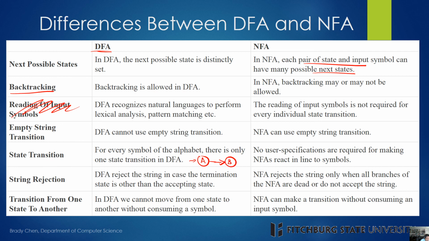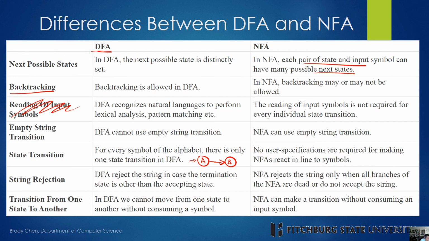You're going to move to B, or for a different symbol you're going to move to a different state. Now, for an NFA, no such specifications are required for making NFAs react to a symbol. So that means the transition can occur without an input value.